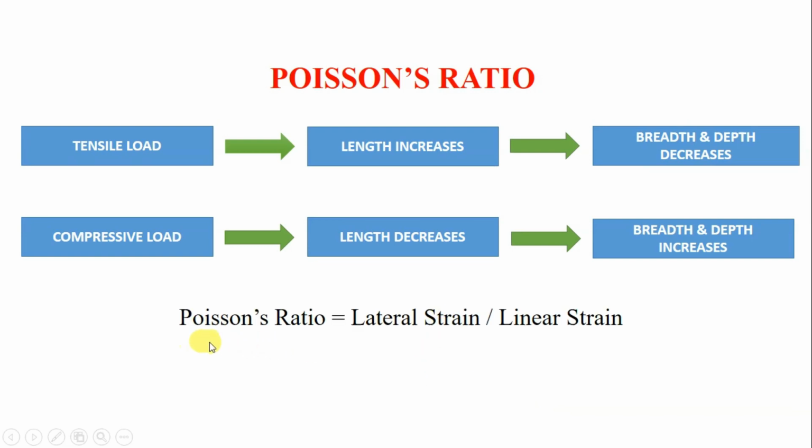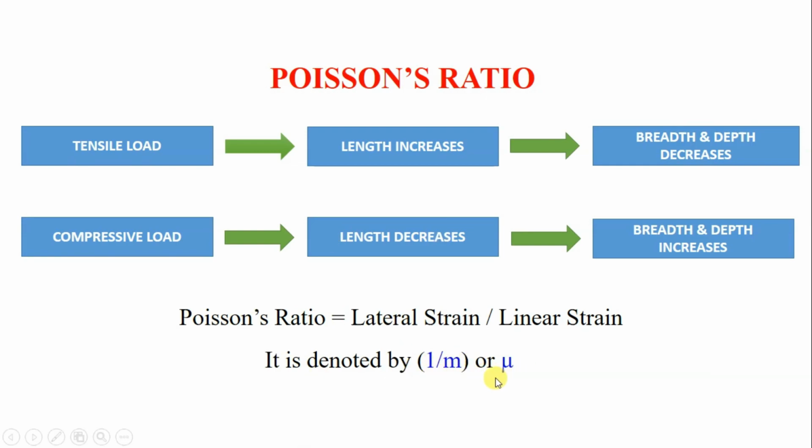So actually this Poisson's ratio is defined as the ratio between the lateral strain and linear strain. We have seen what these two are before itself. Lateral strain is along the other dimensions, linear strain is along the length. So this lateral strain divided by linear strain gives you Poisson's ratio, and it is denoted by 1 by m or mu.